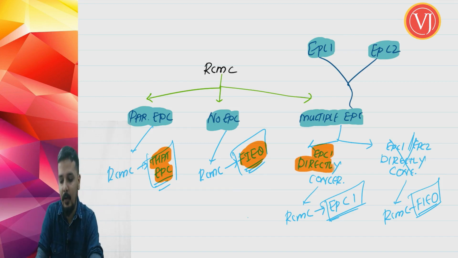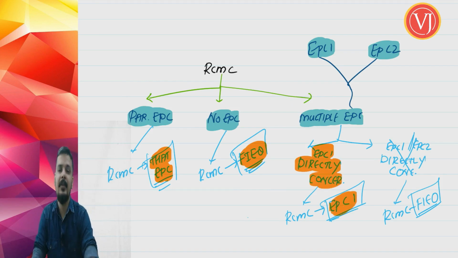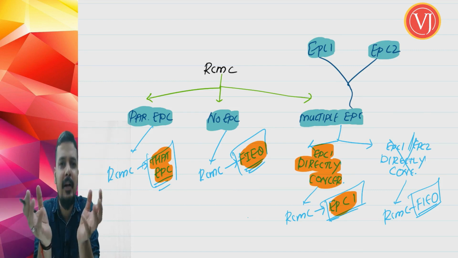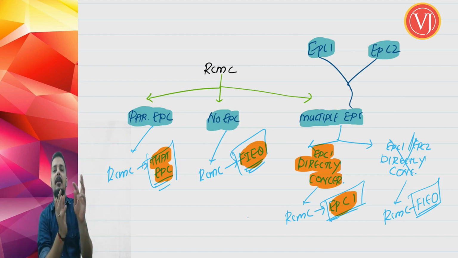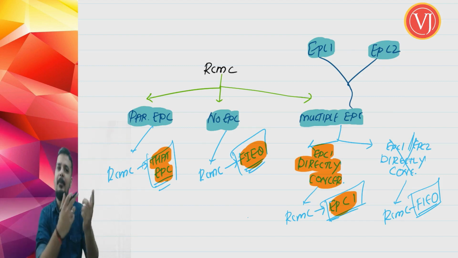If EPC1 is more directly concerned, apply for RCMC from EPC1, the Export Promotion Council which is directly concerned with your main stream of products, not your entire products, the main products that you are dealing with. It may happen that an exporter is dealing with multiple items, but the main item is item 1 which has a corresponding EPC, so go with that particular EPC.